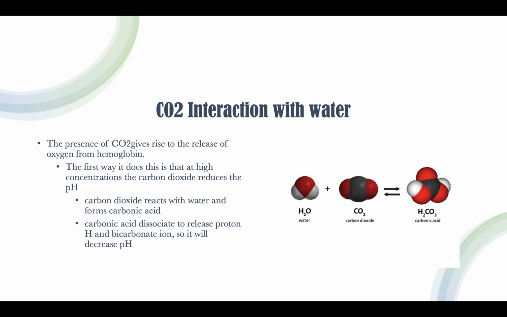Carbonic anhydrase, an enzyme found in the red blood cells, speeds up this reaction really fast. The image here on the right shows that when water reacts with carbon dioxide, carbonic acid is formed, from which the hydrogen ions separate, and it increases the acidity of the system.